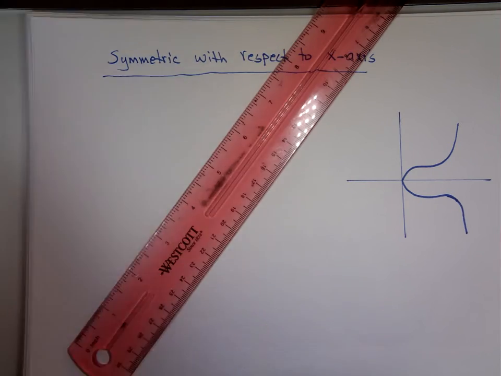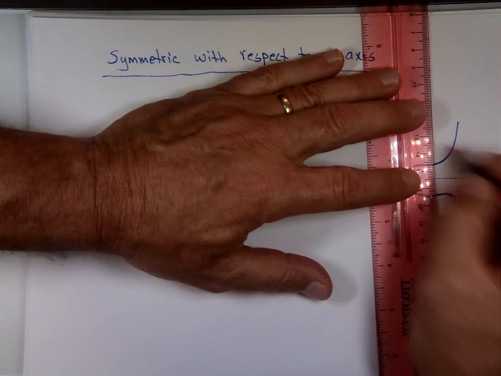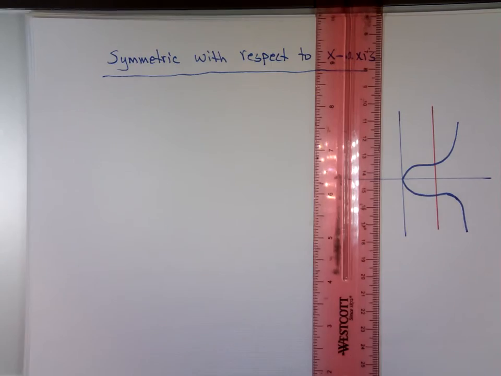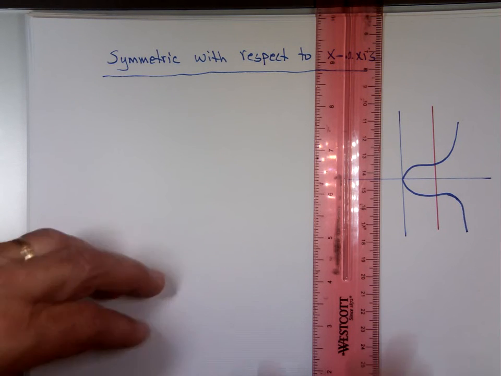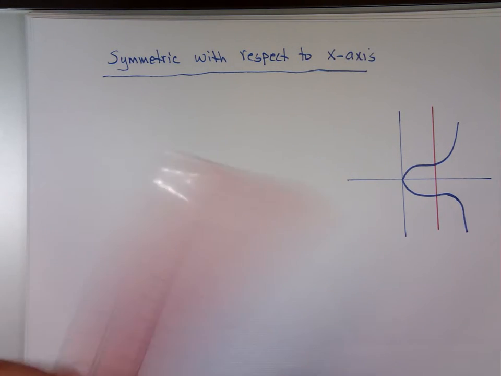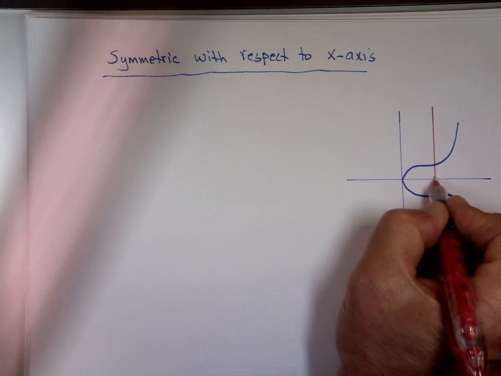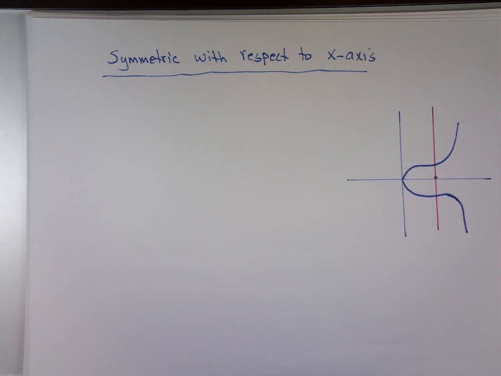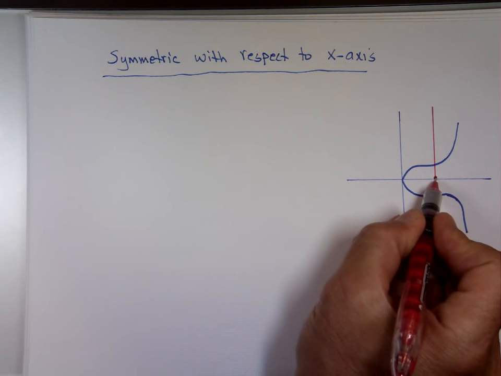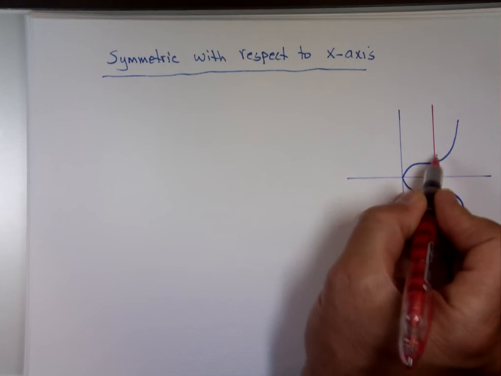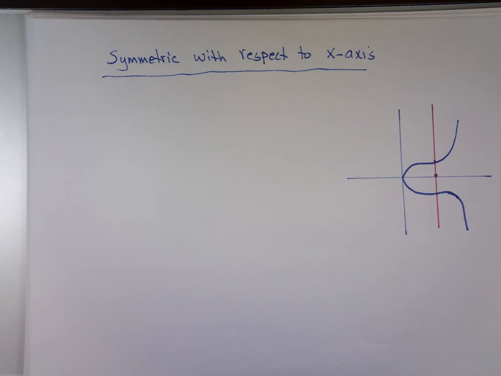No. That's not a function. Because what is the purpose of the vertical line test? It says to be a function, for every x value, there's one and only one y value. This x value has how many y values? 2. One here and one here. That's why that's not a function.